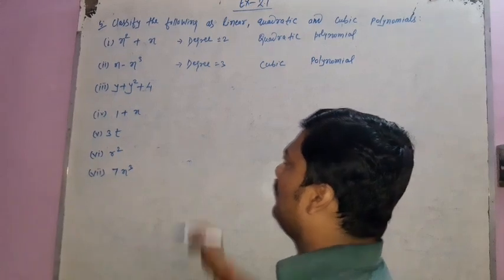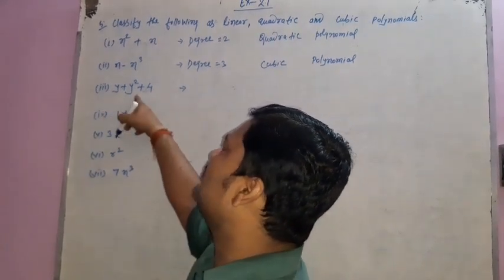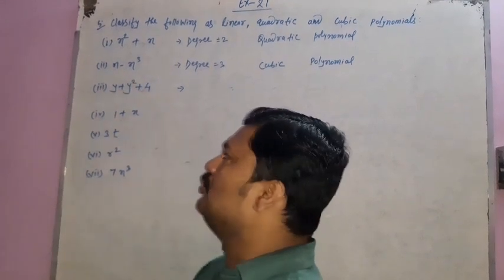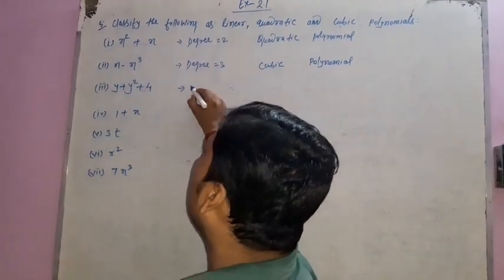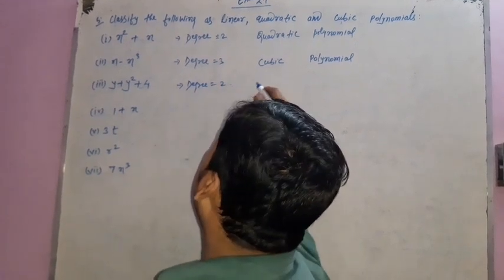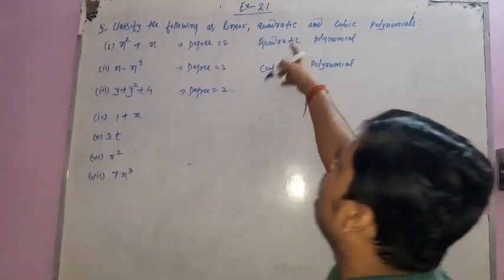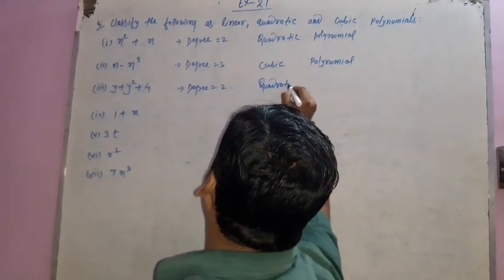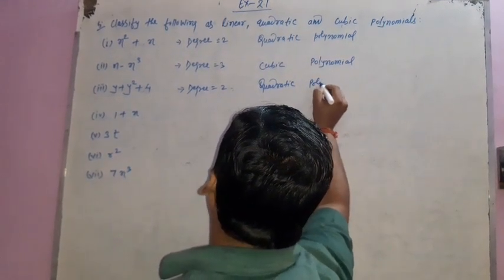Now in this question, we have to look at both variables. The degree of this variable is 1 and the degree of this variable is 2. What is the maximum degree here? 2. So the degree of the polynomial is also 2. And if the degree of any polynomial is 2, then it is called a quadratic polynomial.